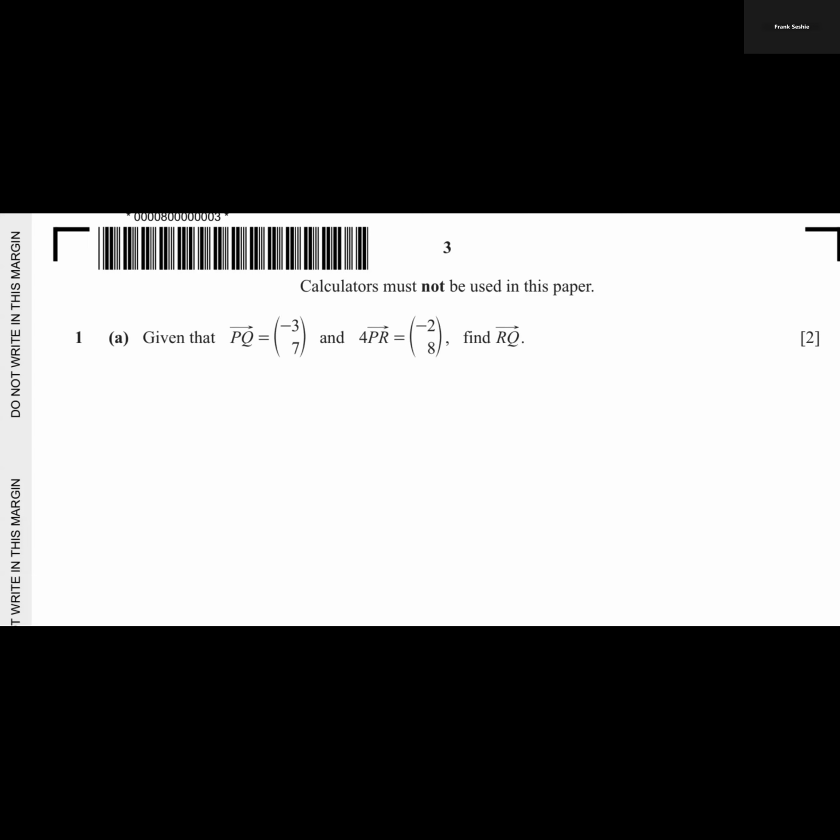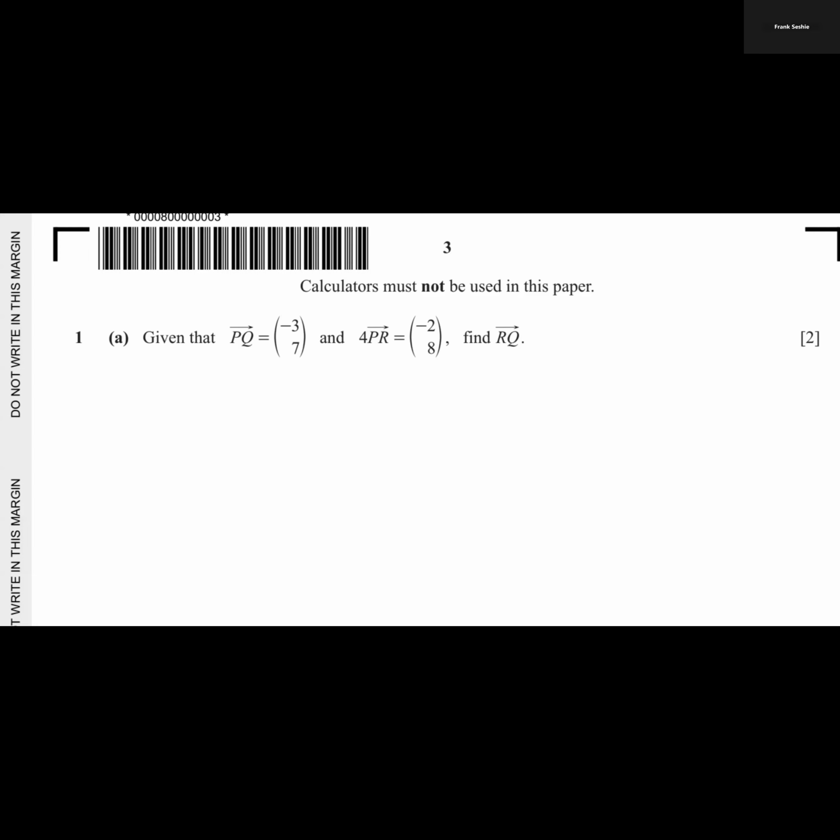So question one. Given that PQ is negative 7, what... Okay, it's negative 8. Find RQ. So you need to first find PR, because you would have to use PQ and PR to solve for RQ.